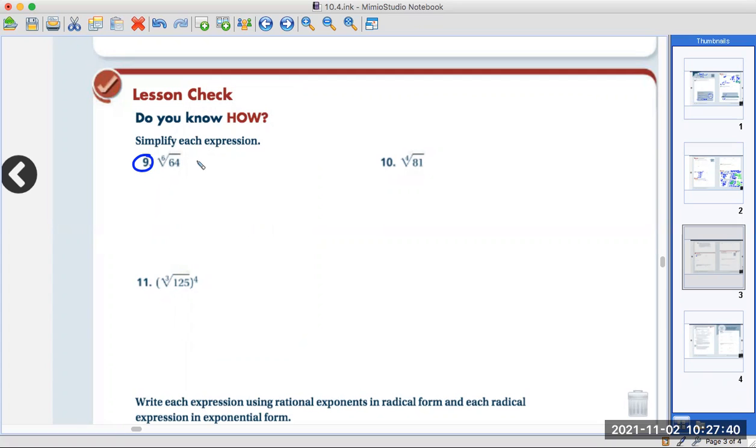The 6th root of 64, the 4th root of 81. Did I do that one? Yep. You first find the 3rd root and then raise it to the power of 4.